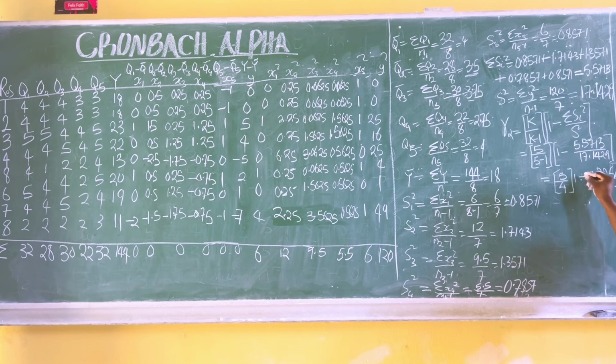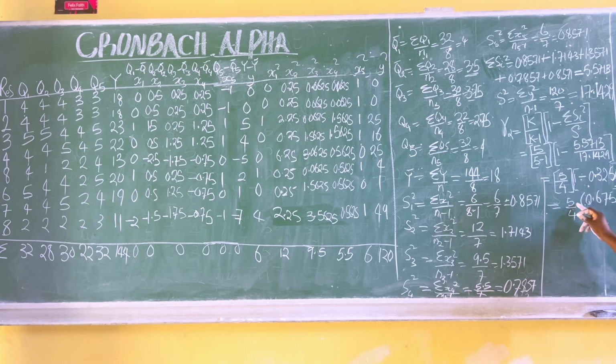Okay, so if we say 1 minus 0.3250 would be 0.675.